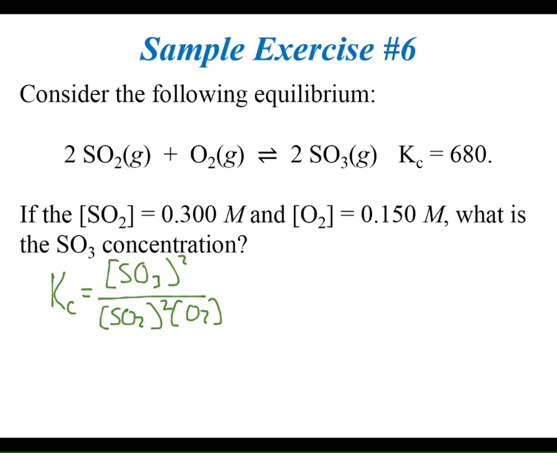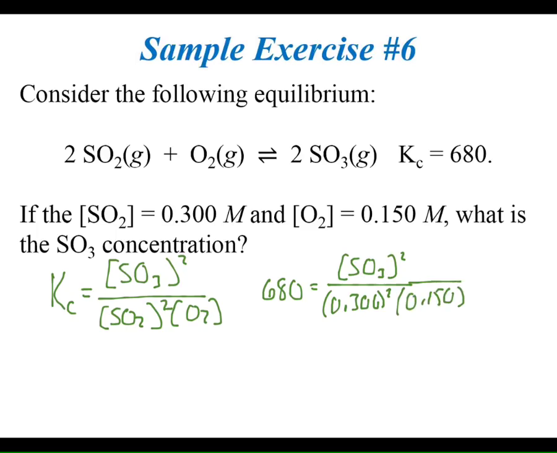I guess I'll plug it all in here. So 680 equals the concentration of sulfur trioxide squared over, what's SO2? 0.300 squared times O2, 0.150. Okay?